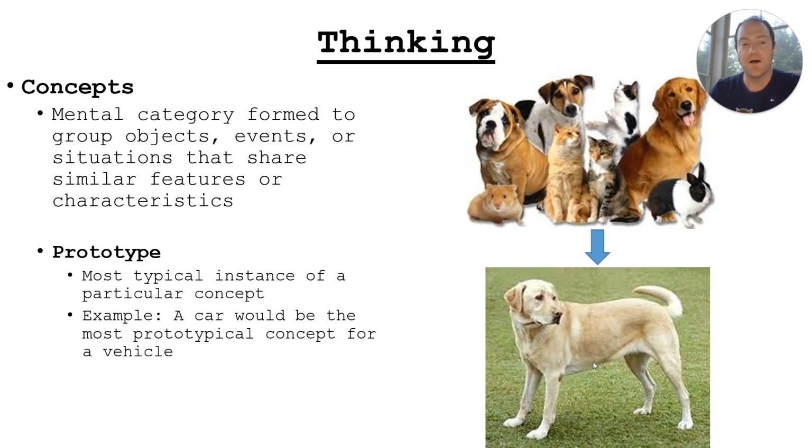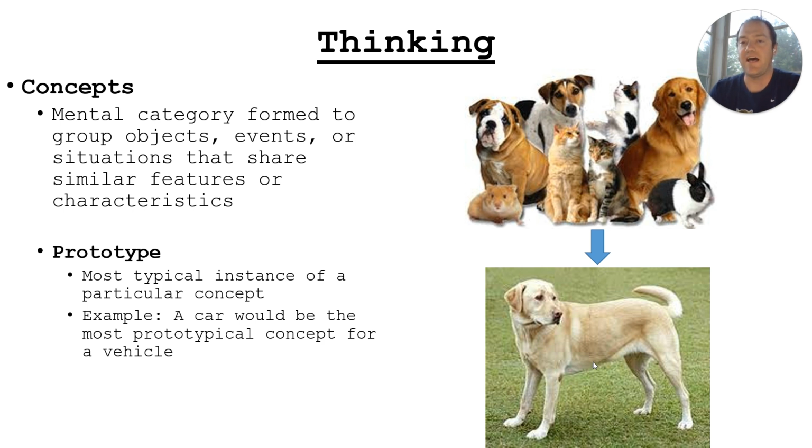Okay. On that same note, you hear the term prototype a lot, but it's not really used the same way in psychology as it is everywhere else. The best way I can explain this would be whatever the first thing is that pops into your mind about a particular concept.